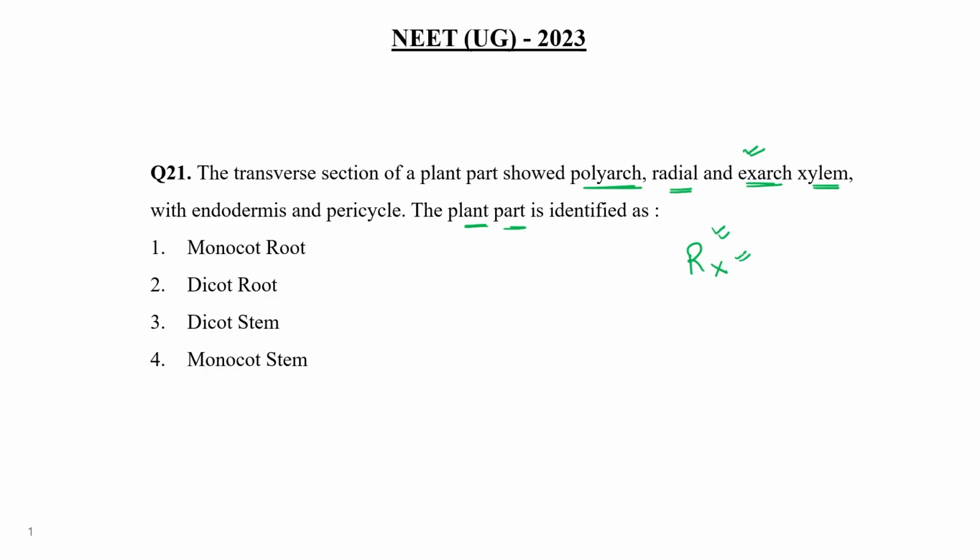So obviously the plant material is root first of all. Then polyarch means more than 6 vascular bundles, means 6 to 10. So polyarch is the characteristic feature of monocot. Okay, so monocot root.